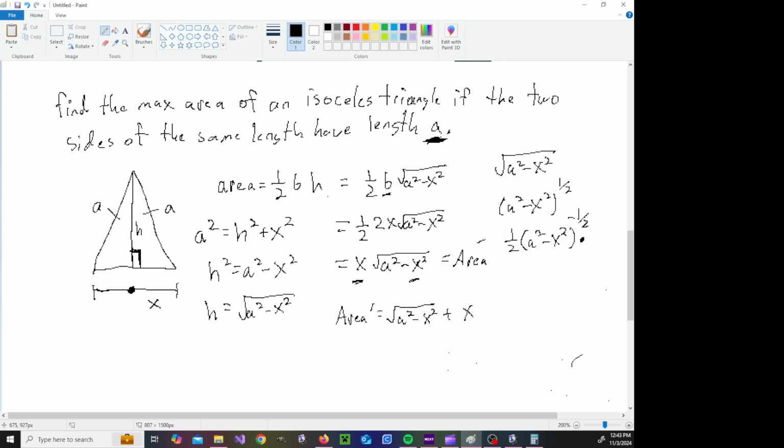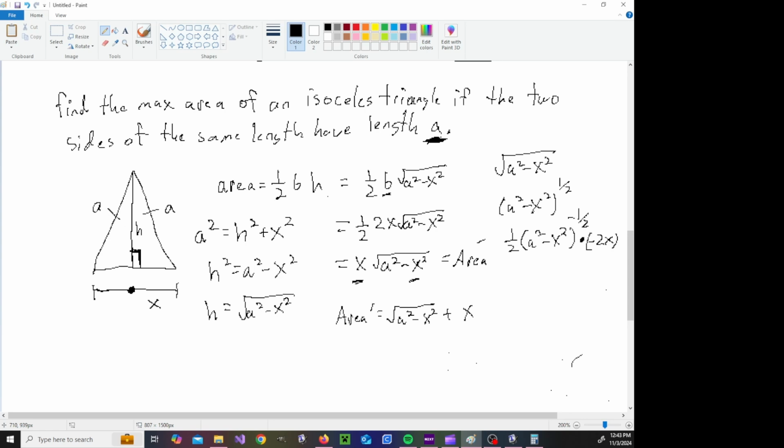However, again, a is a constant, so a squared is a constant. So this derivative with respect to x, a squared goes to 0. So the derivative of the inside is just negative 2x. We're pretending we know what a is. If a was 2 or 4 or whatever, we take that derivative, it's going to 0.